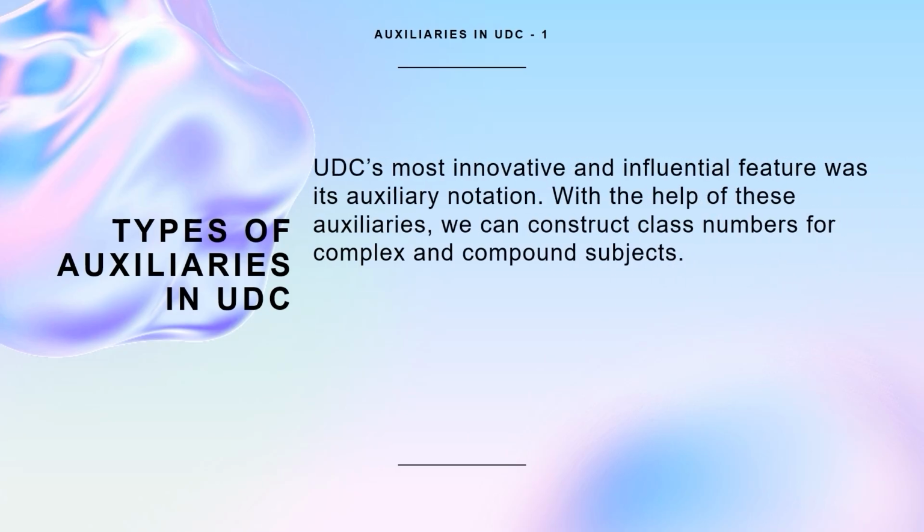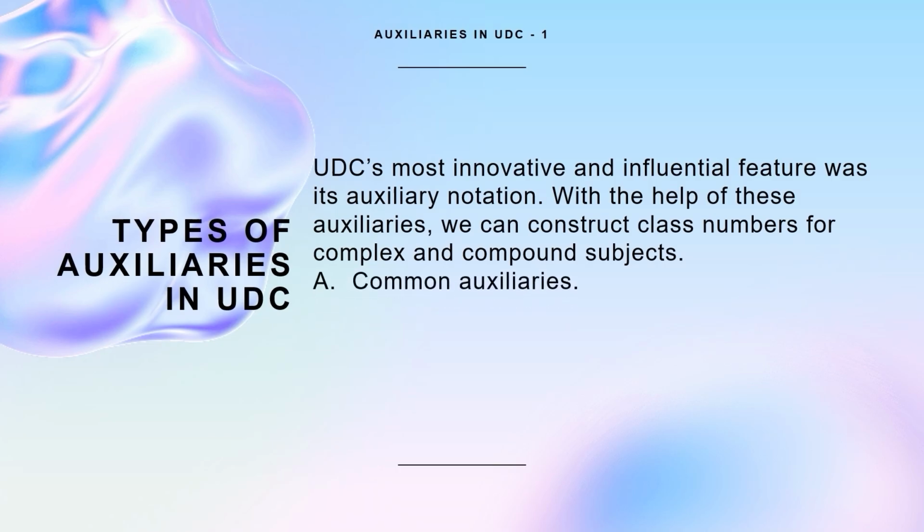The common auxiliary is the most innovative and influential feature used in the UDC, and this common auxiliary makes the UDC very much faceted. So with the help of these auxiliaries we can construct class numbers for complex and compound subjects in UDC.